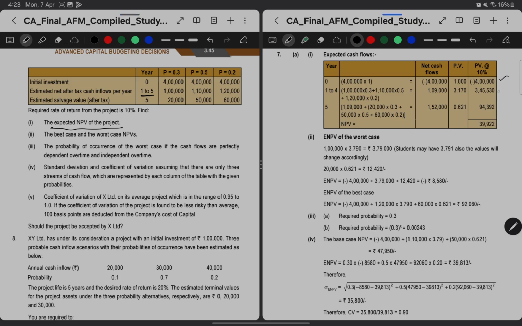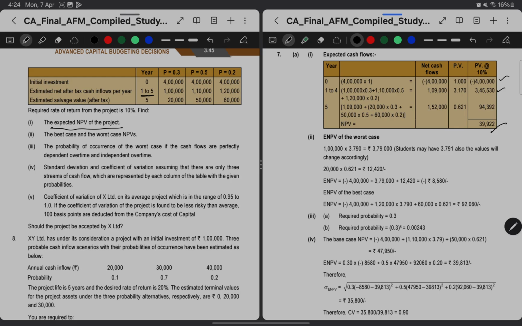They have done 4 lakh, then 3 lakh 45. This is after discounting. Here they have taken the annuity factor for 1 to 4 years, then the 5th year separately as we have a salvage value, and we are getting an NPV of 39,922.